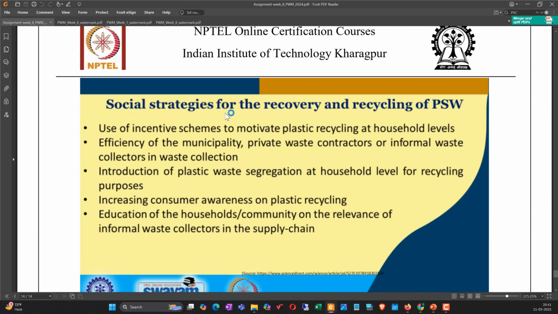Societal strategies for the recovery and recycling of plastic solid waste include the use of incentive schemes to motivate plastic recycling at the household level, improving the efficiency of the municipality, private waste contractors, or informal waste collectors in waste collection, introduction of plastic waste segregation at the household level for recycling purposes, then increasing consumer awareness on plastic recycling, and education of the household community on the prevalence of environmental waste collectors in this supply chain.